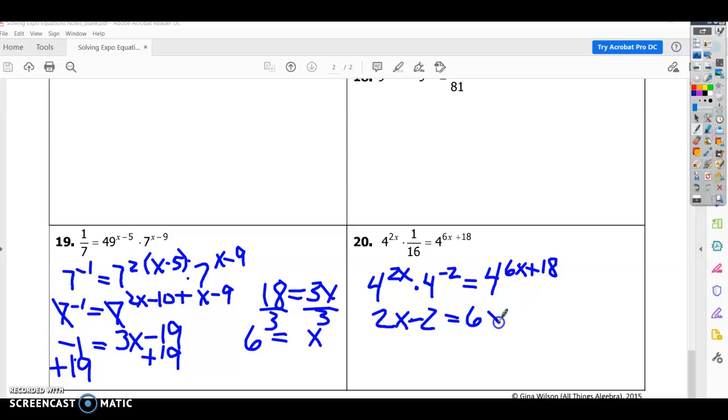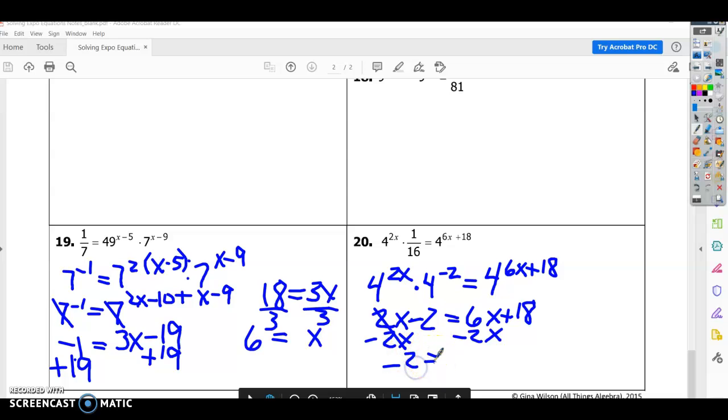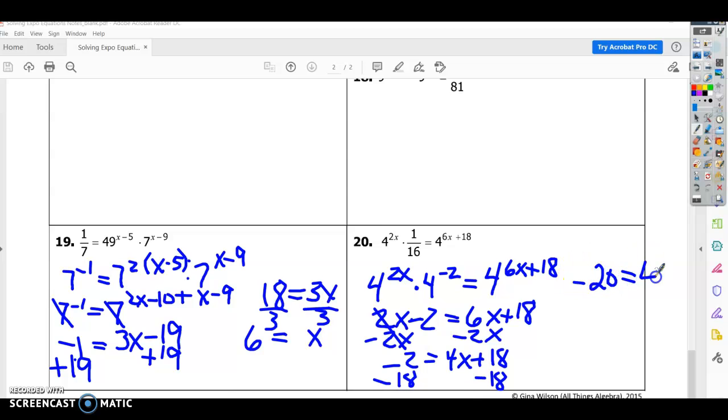equals 6x plus 18. Subtract 2x. So I've got -2 equals 4x plus 18. Subtract 18. So I've got -20 equals 4x. Divide by 4.